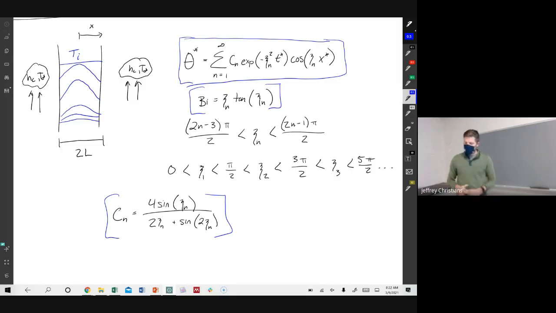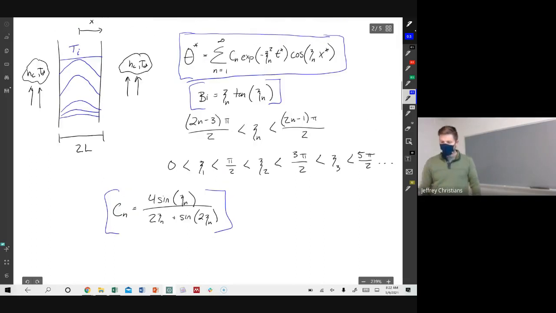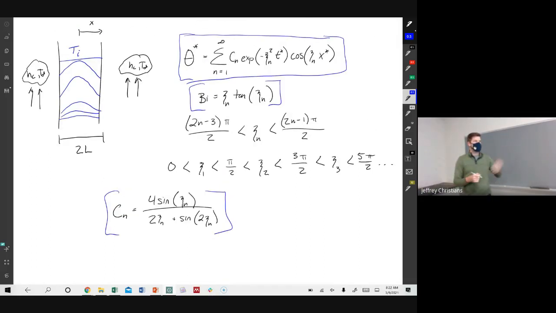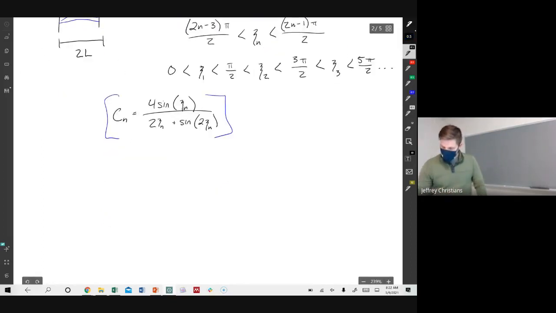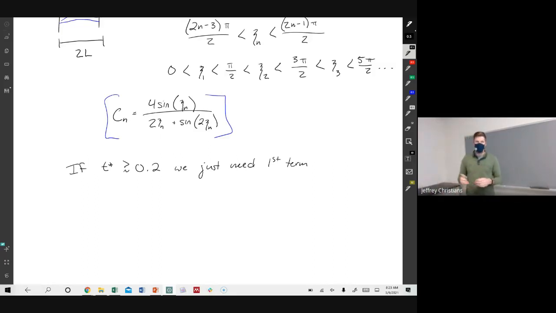Where we finished last time is we have an infinite number of terms, and we'll see in a second how this works. We have an infinite number of terms in this solution, which is a little bit of a bad thing, but as long as we're not really close to the initial condition, we don't need all of the terms. So if T star is greater than about 0.2, we really just need the first term, and that will give us a pretty good estimate of everything.